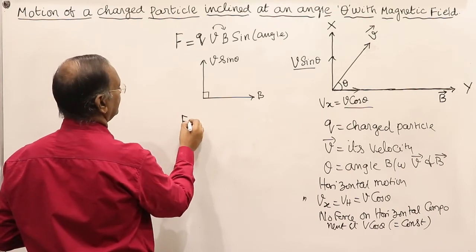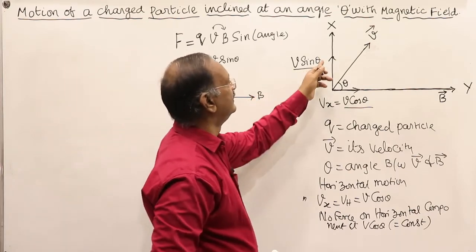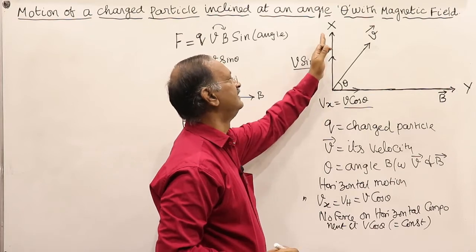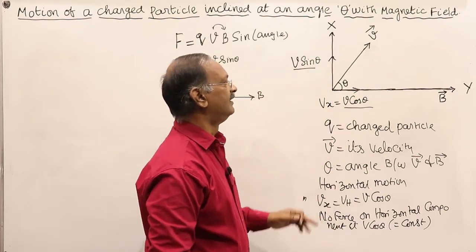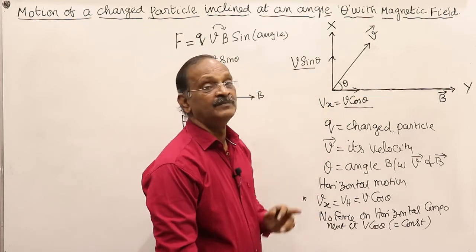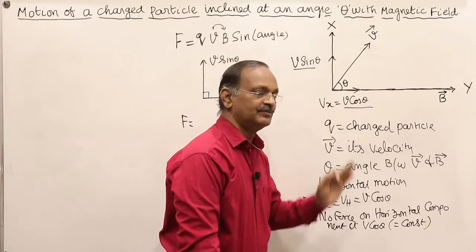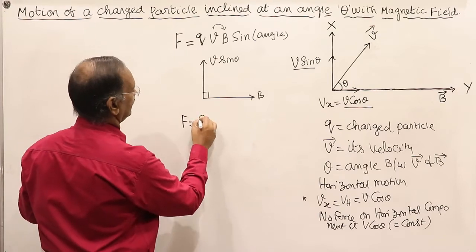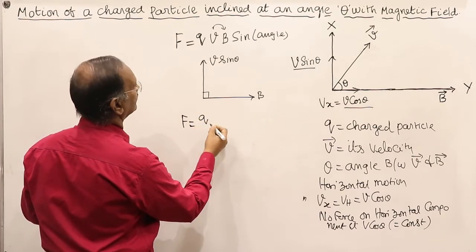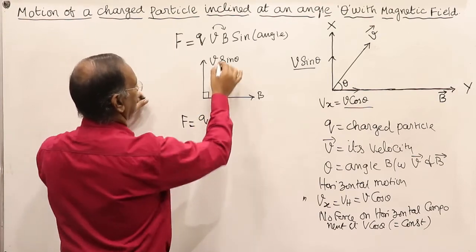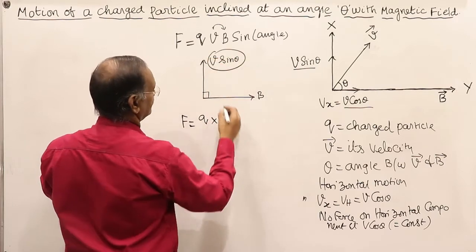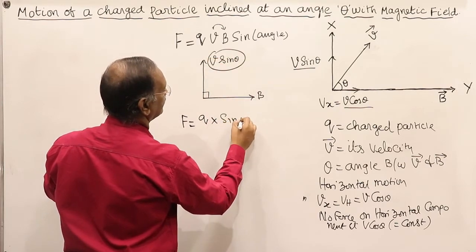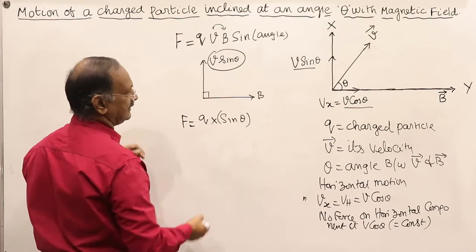Therefore, this particle moving with velocity v sin theta perpendicular to the magnetic field will experience a magnetic force, which is the Lorentz force, equal to the charge into velocity. What is this velocity? This is the velocity v sin theta. Here, what is theta?